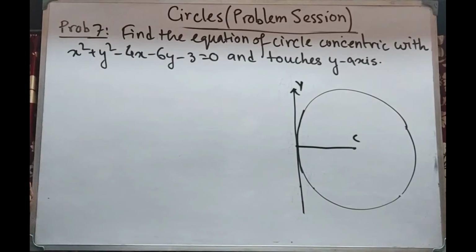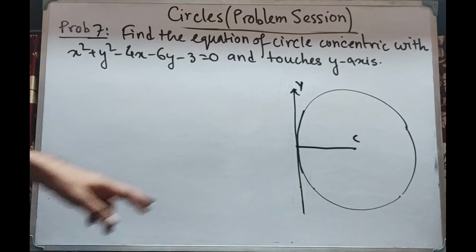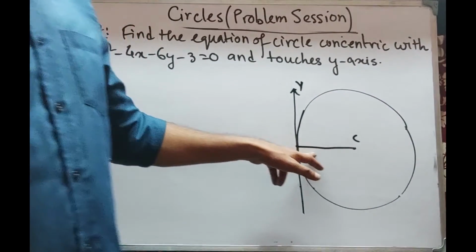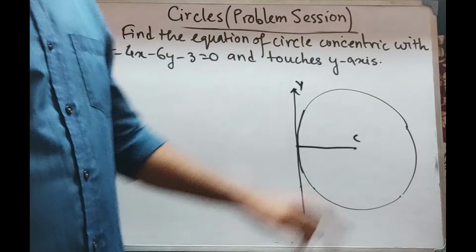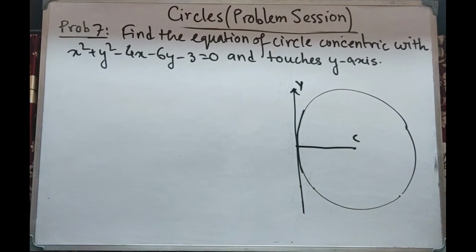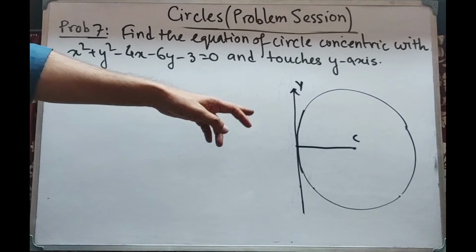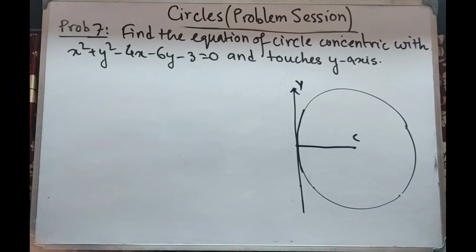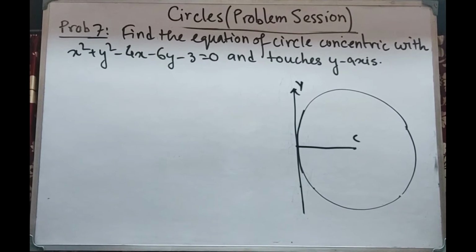That means this is the x coordinate of the center. So if you can find the center of the circle, you can easily find the equation of the circle, because whenever you are finding the center, you are having the radius of the circle also. So that much simple it is.